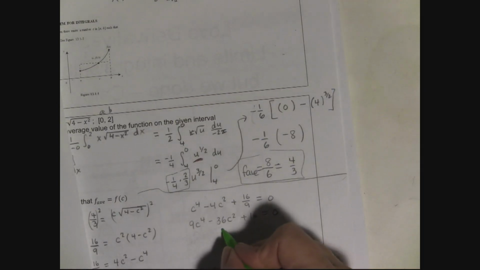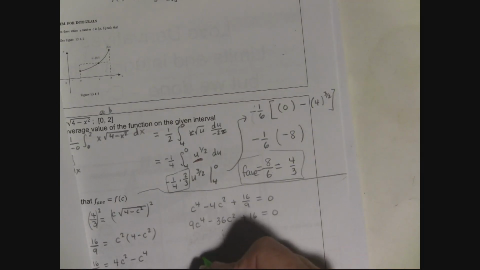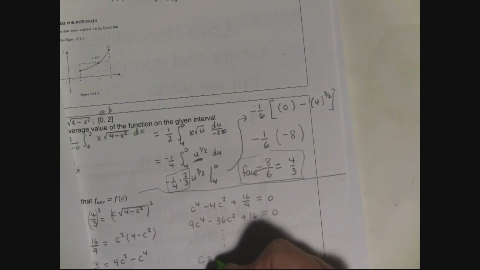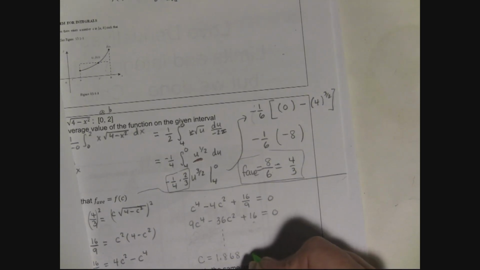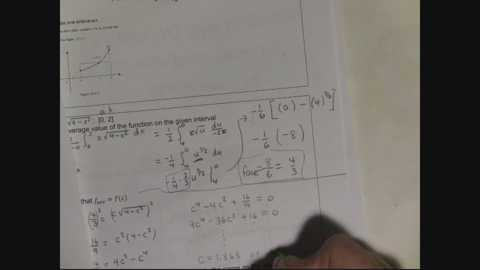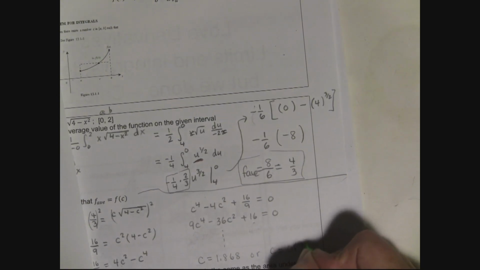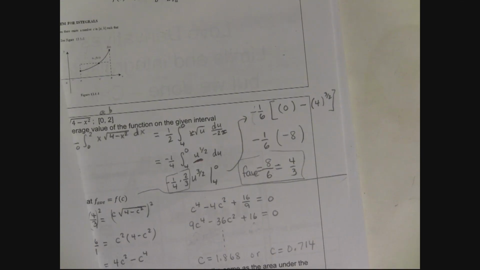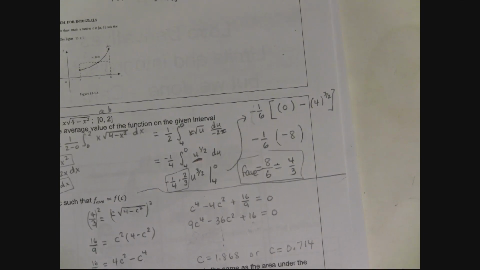So I found those values of C. I didn't have enough room there, so I had to go on and do a different piece of paper. So C equals 1.868, or C equals 0.714. And then they want me to draw this.